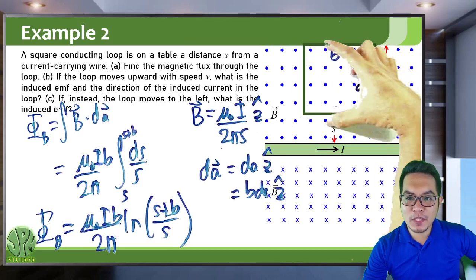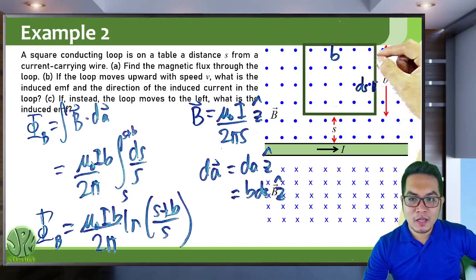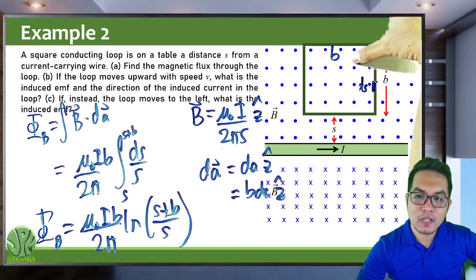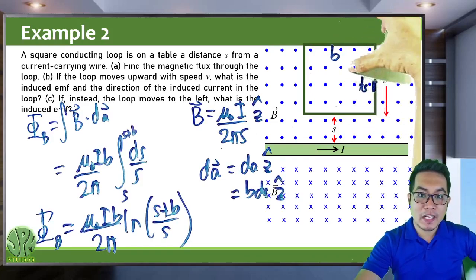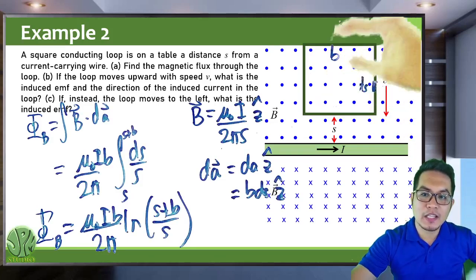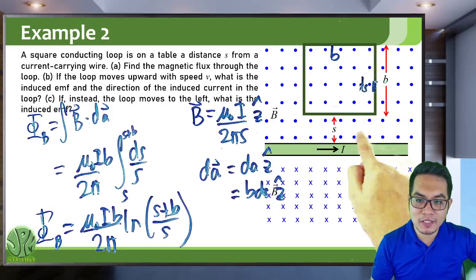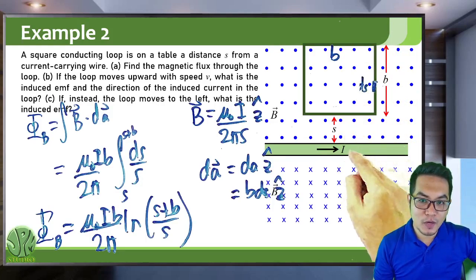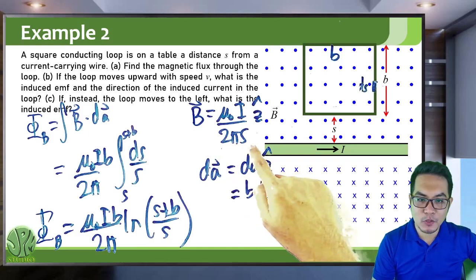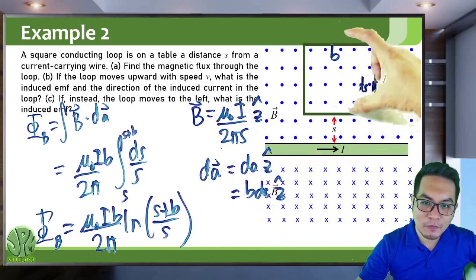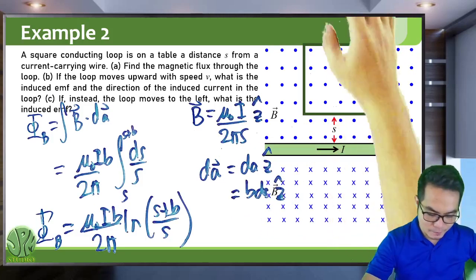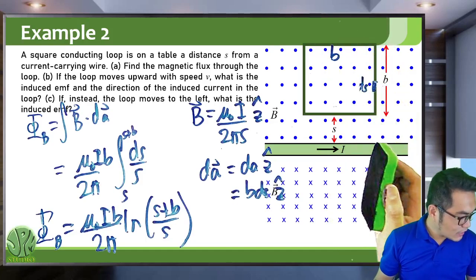But the area of the loop is fixed. If you move this loop upward, the magnetic field in the upper region is much smaller as compared to the magnetic field at points near the wire, because the magnetic field is inversely proportional to s, meaning the magnetic field is decreasing in that case.